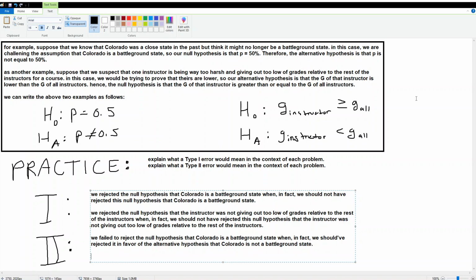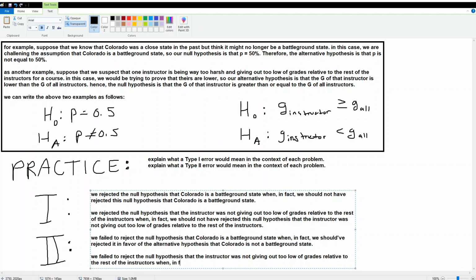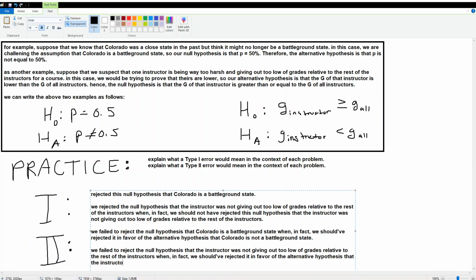In the case of the teaching example, we would say that we failed to reject the null hypothesis that the instructor was not giving out too low of grades relative to the rest of the instructors, when in fact we should have rejected it in favor of the alternative hypothesis that the instructor is giving out too low of grades relative to the rest of the instructors.